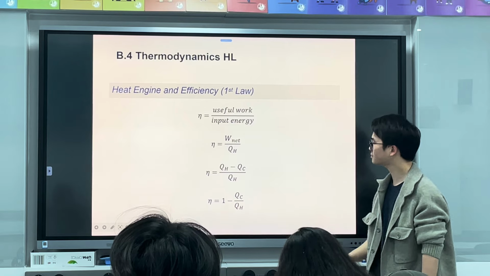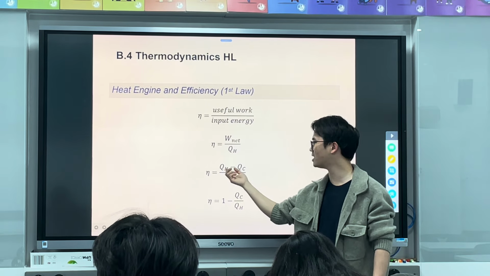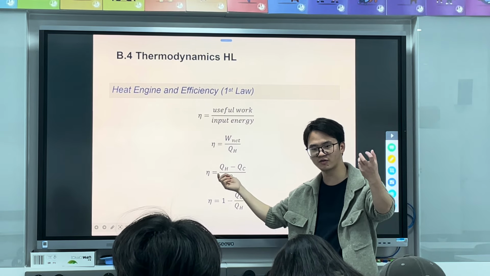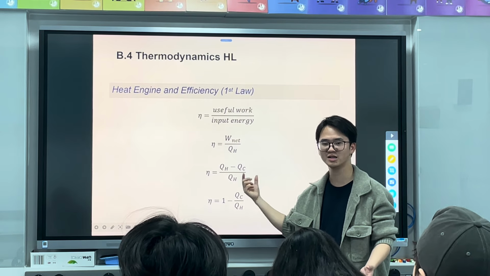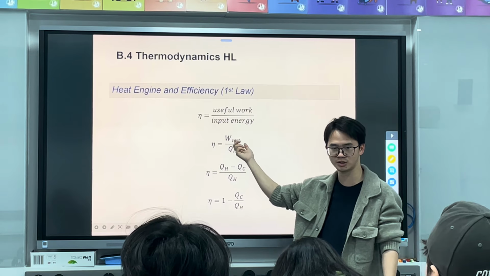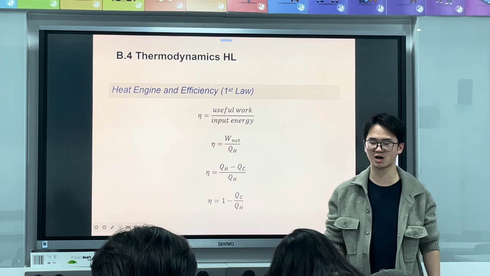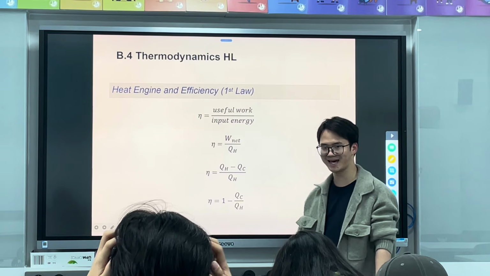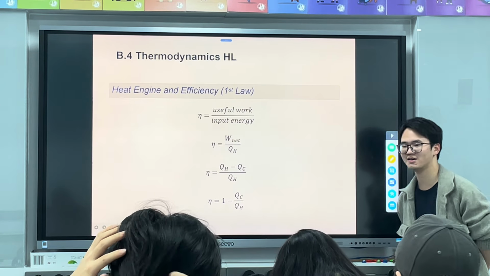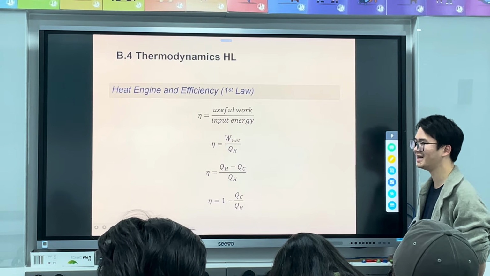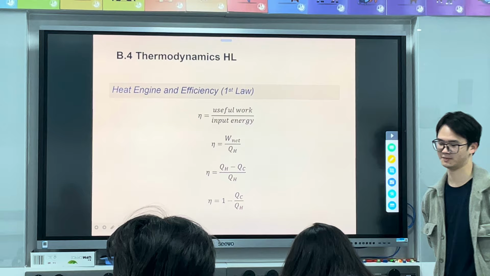The useful work done is the energy provided by the hot reservoir minus the energy absorbed by the cold reservoir. The left over is what we use to do work. Then we divide all the terms by QH, and we end up with efficiency equals 1 minus QC over QH.